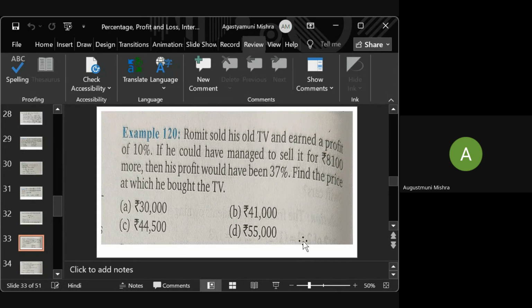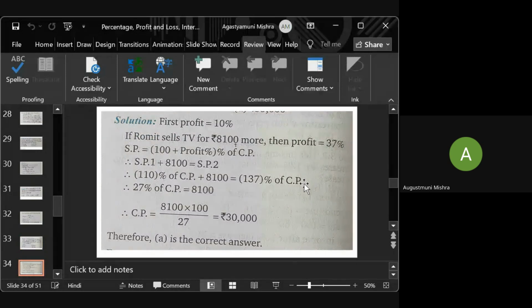Okay, I think I should change now. So the correct answer is 30,000. That was option A. Now you can go through the solution. If you think that you need explanation, then also.